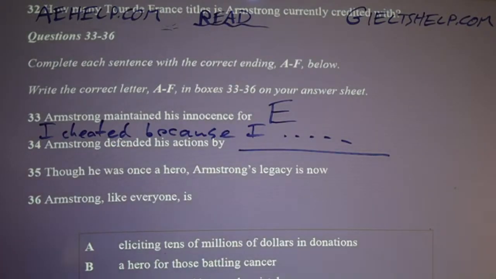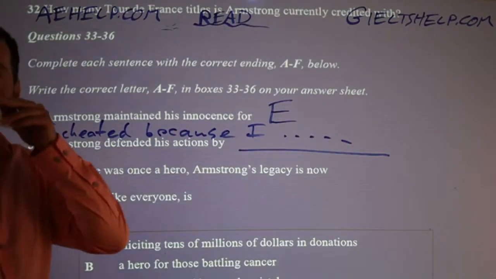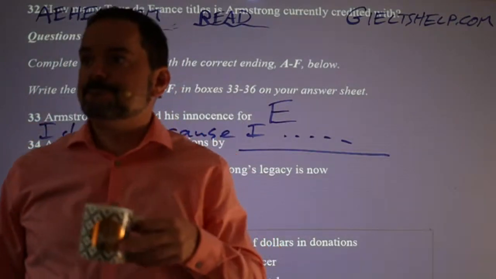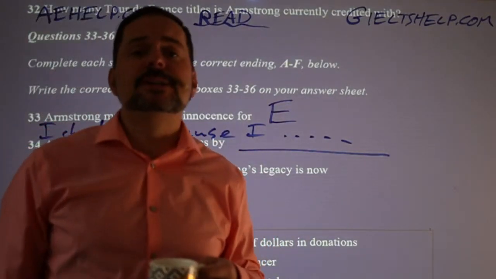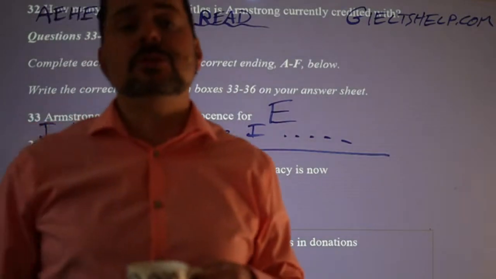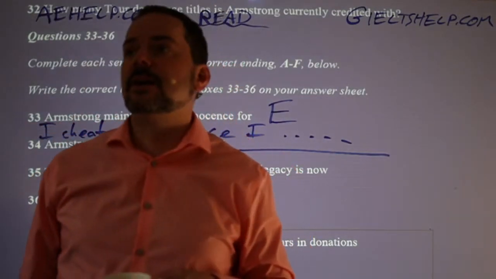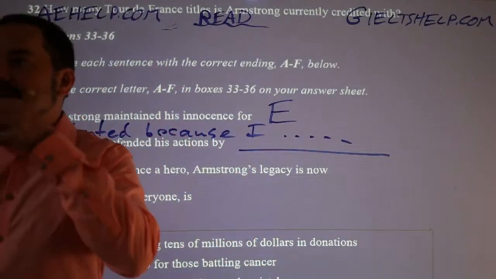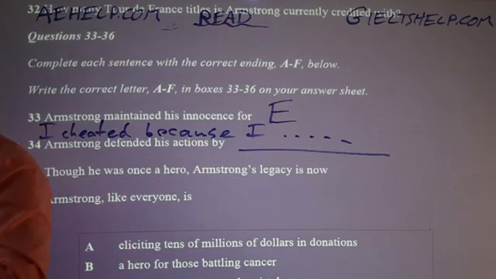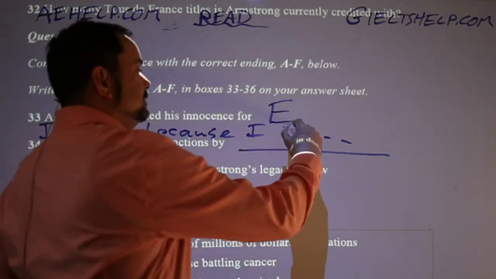I cheated because I what? Okay, July, very good. July, you're doing exactly what I expect everyone to do, is finish with your own idea. So July says, because I want to win. Yeah, exactly. So I cheated because I really want to win.